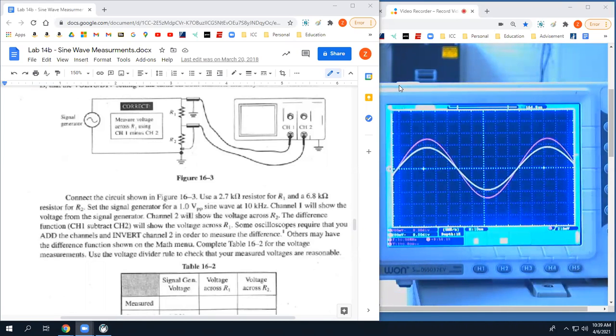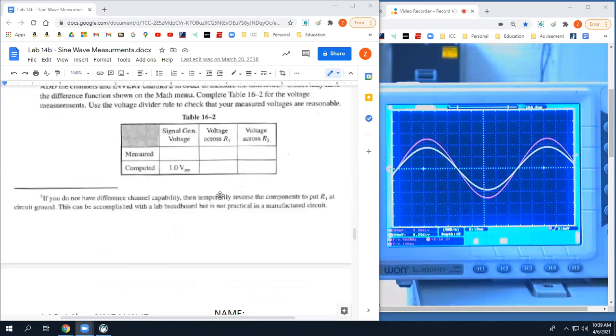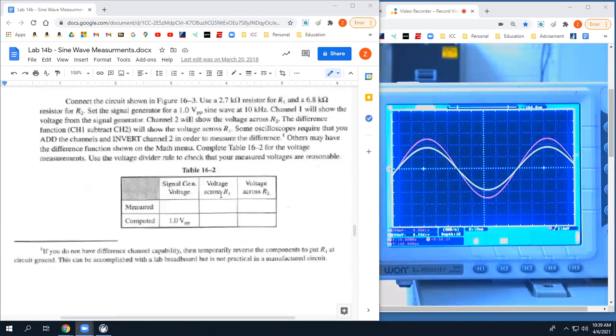Hmm? Well, it's a series circuit, right?